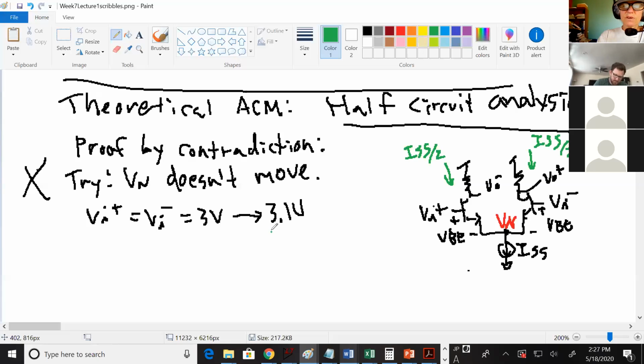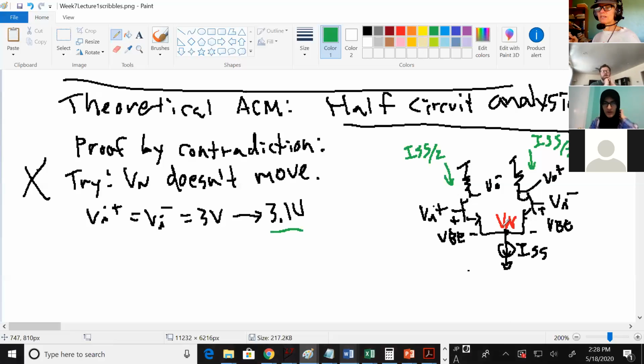Now when I move it to 3.1, this is where we find the contradiction. Let's say Vn doesn't move. What happens to VBE? If I move Vn plus up, but Vn doesn't move, what happens to VBE? Does it get smaller or larger?